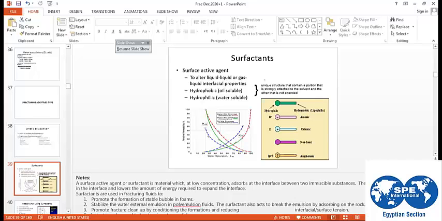To frac the formation, you have resistance higher than the resistance required to continue growing the fracture. We said yesterday that we have the fracture toughness, which controls the propagation of the frac, and this term is involved in the calculation of the closure stress.